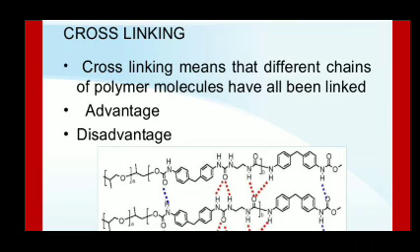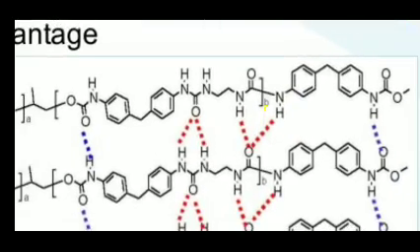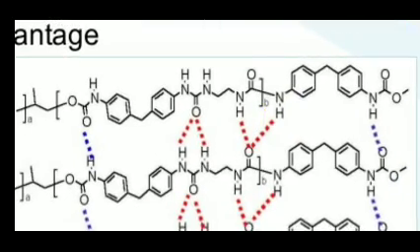Cross-linking means that different chains of polymer molecules have all been linked. How do cross-linking bonds form? How is it linking between monomer and monomer? It has a cross-linking bond.